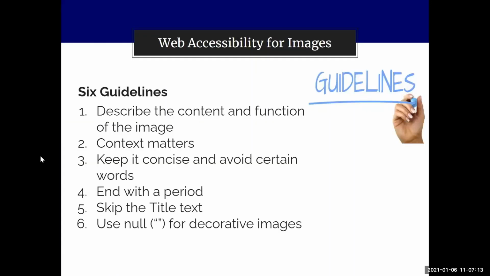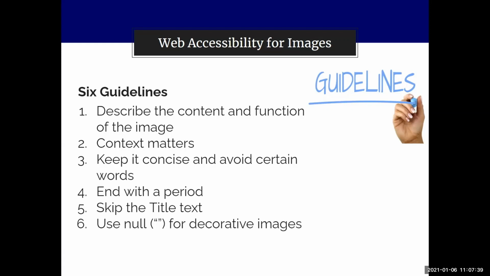So the 6 guidelines, or objectives, we're going to go over: describe the content and function of the image, and keep in mind that context matters. Different images get different descriptions, and it may differ depending on what course you're teaching or what context you're describing the image in. Keep your descriptions concise, and avoid using certain words.